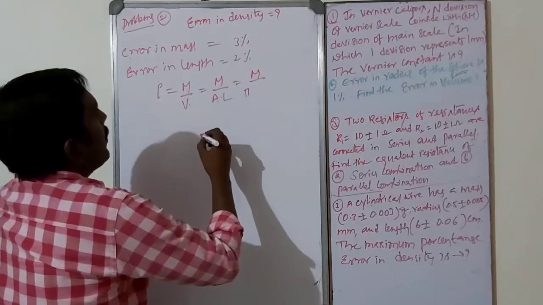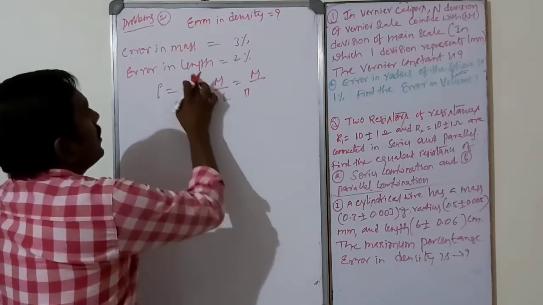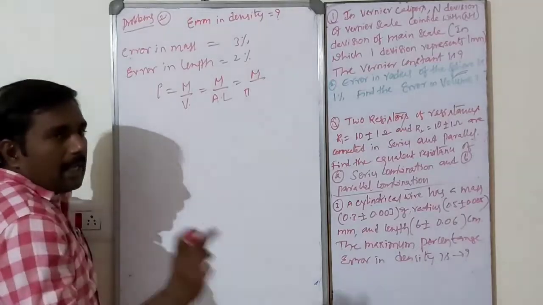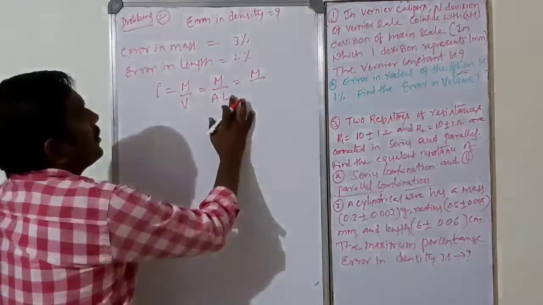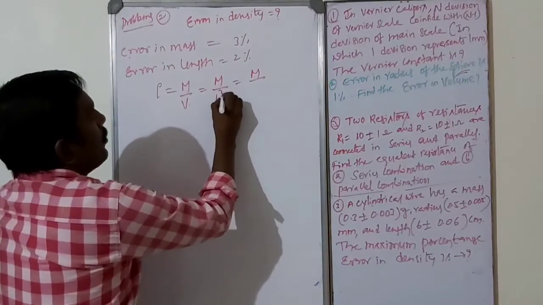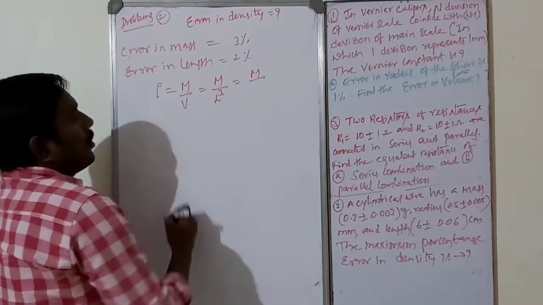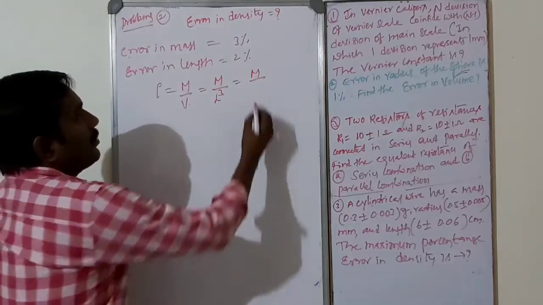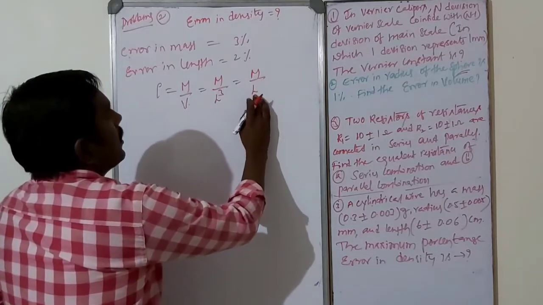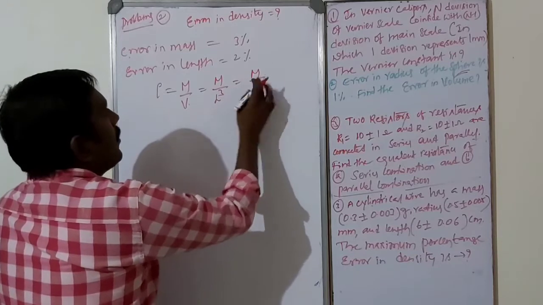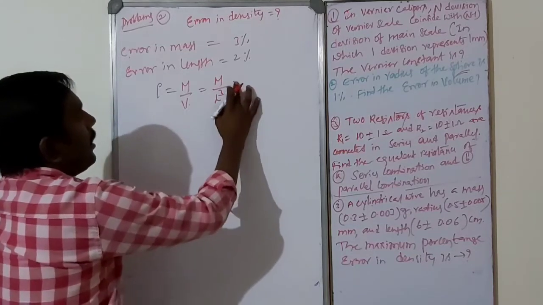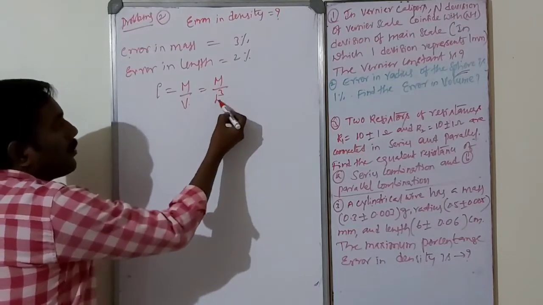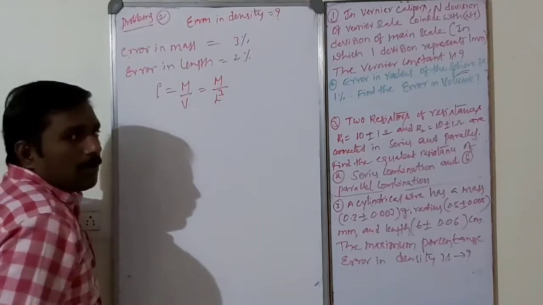In this case only error in length is given, so this is nothing but volume of the cube, L cube. I will take only L cube, so this is not required. So density of the cube is equal to mass by volume, the volume of the cube L cube.